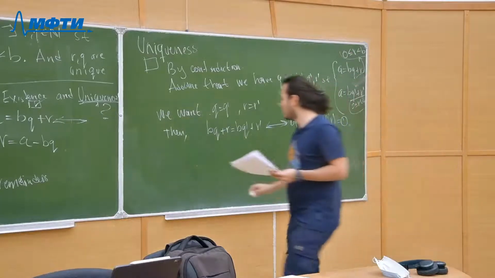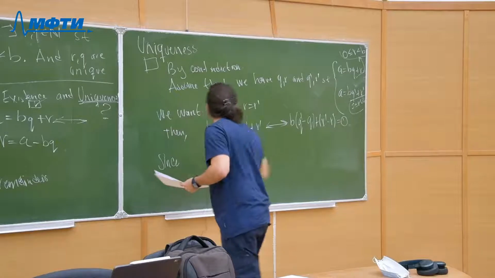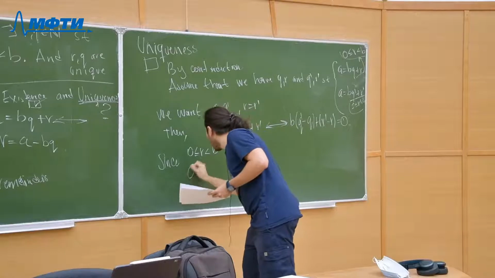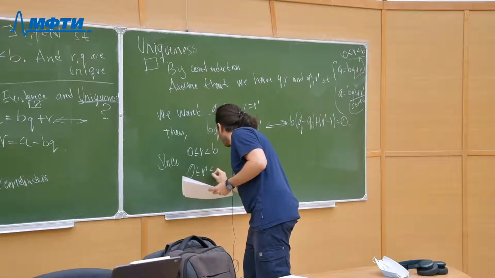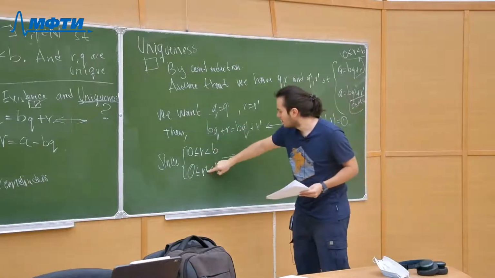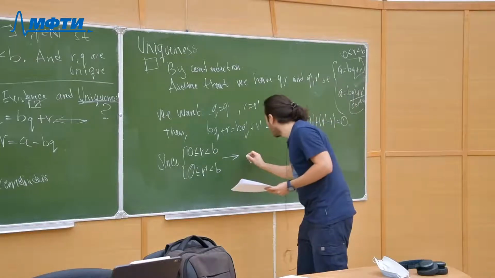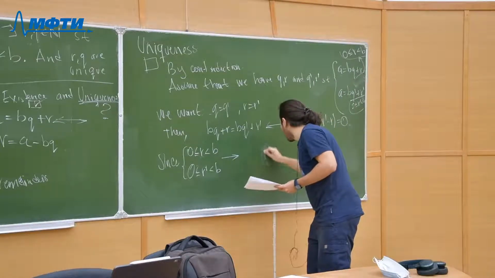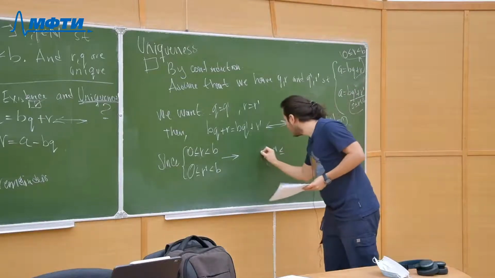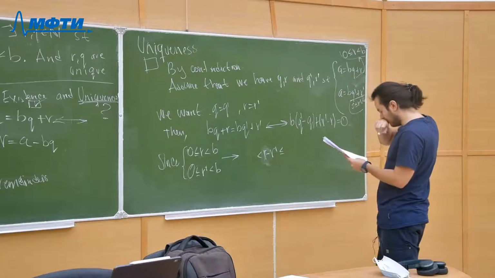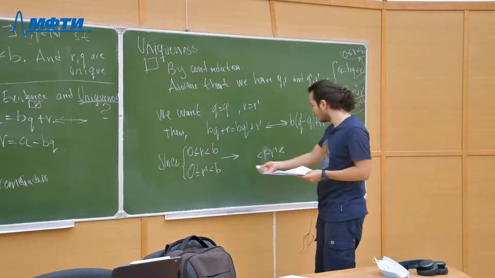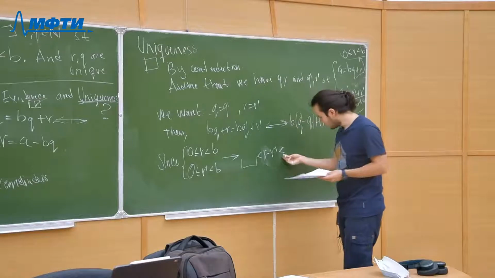So since r is between 0 and b, and r prime is also between 0 and b, then what can we say? We can sum this up. Well, actually we can find the difference. The difference r minus r prime is going to be, who can tell me what I should write here and what I should write here?